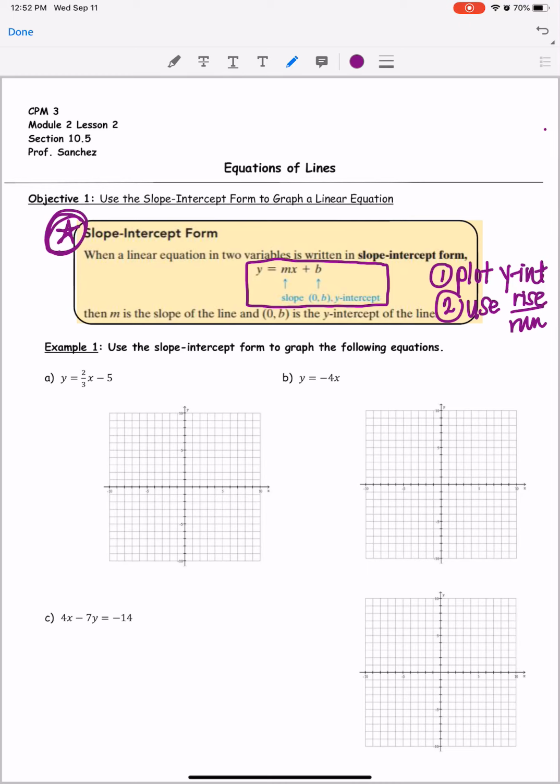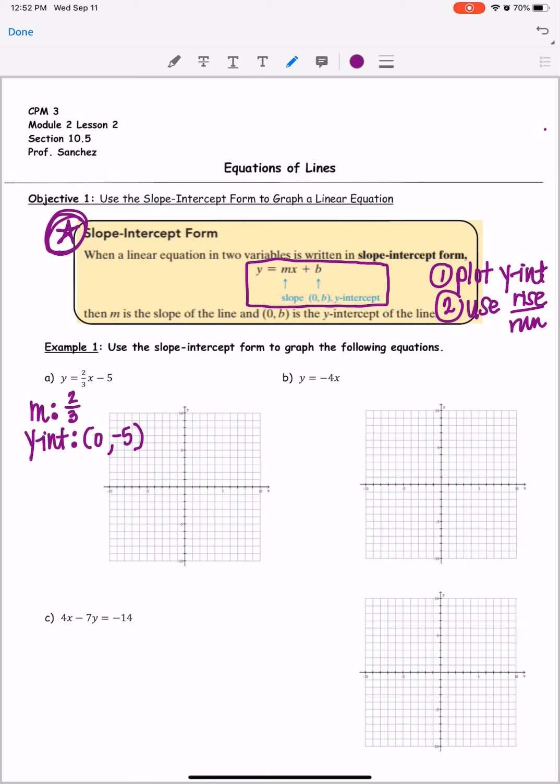So in this first one here, let's go ahead and list out what's my slope, what's my y-intercept. So your slope is whatever with the x, so your slope here is 2 over 3. Your y-intercept is this point here, and so it is at -5, which if we write that as an ordered pair, since it's y-intercept, that means that -5 needs to go for the y, and you got 0 for your x.